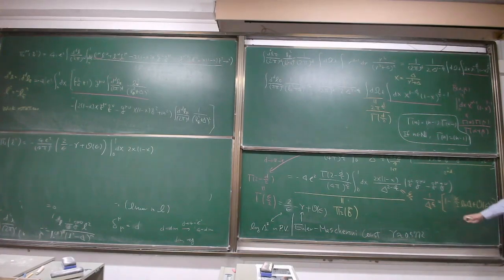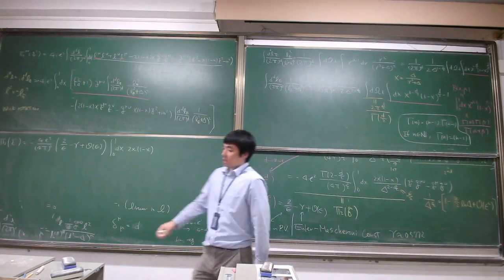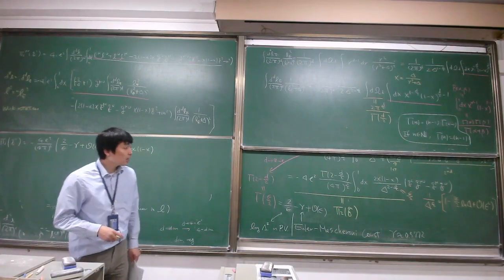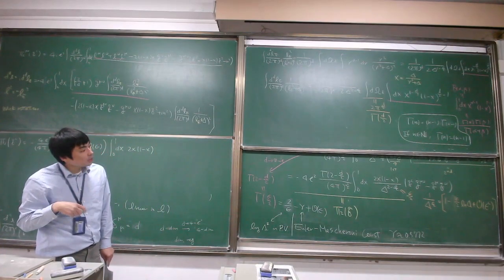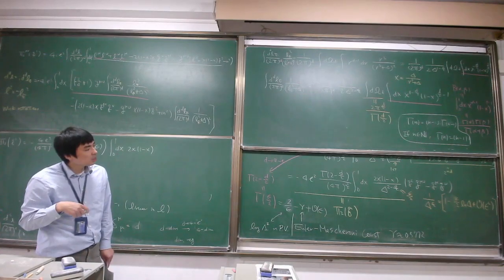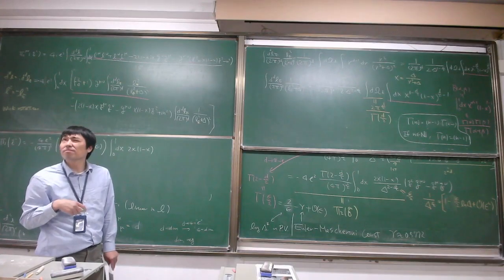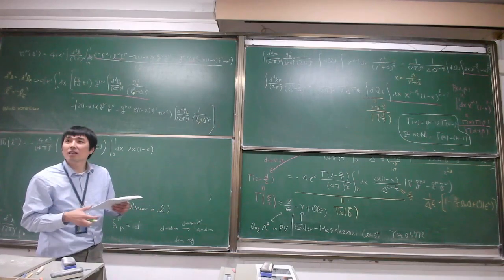So you can just do the Taylor expansion of this one, and then you get this one. How can I justify it? I think it's just an ordinary Taylor expansion. How do you see this is the right way to do that?